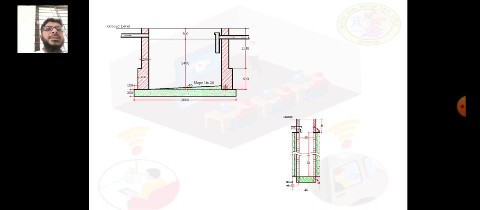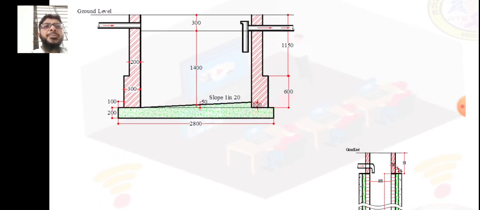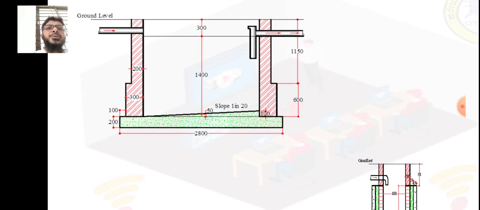These are the sketches for your reference. So how the excavation we have calculated. So for septic tank, see here. From ground level to 300 dimension is there, then exactly at midpoint 1.4 meter. Then that floor is sloping, that is 1 in 20 slope. So that starts from 0 at one end to 100 mm at another end. So average is 50.